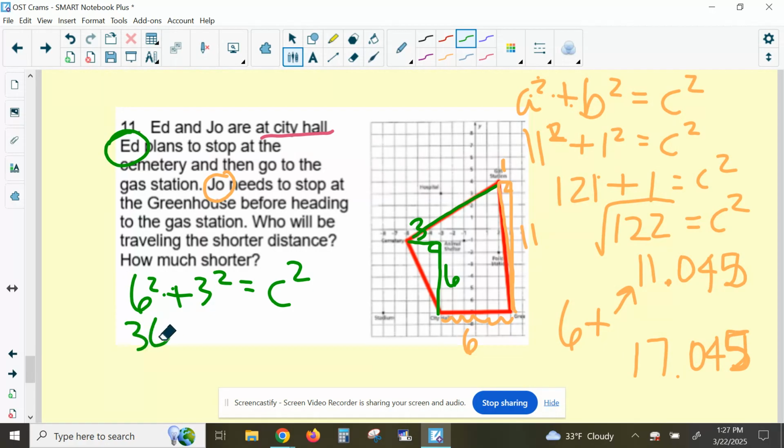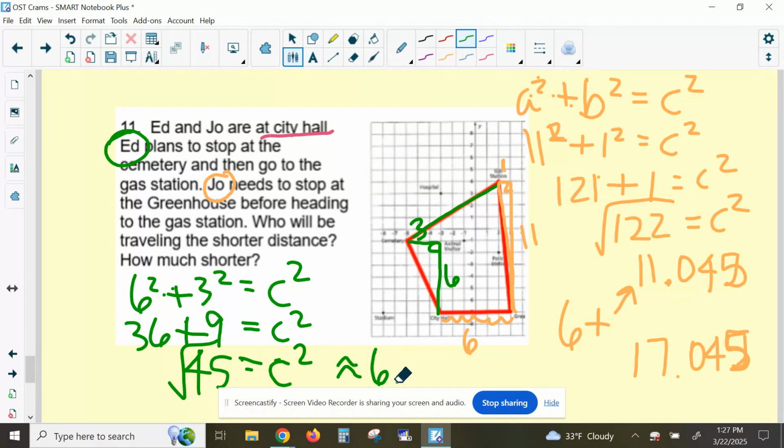So 36 plus 9 equals c squared. That's 45 equals c squared. Square root, what's the square root of 45? It's about 6.7.